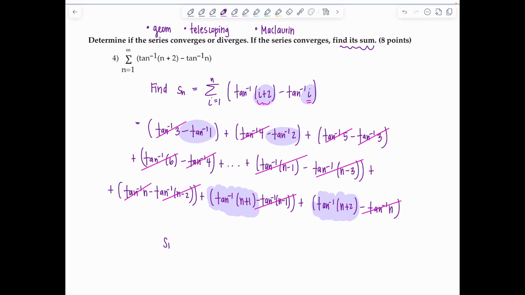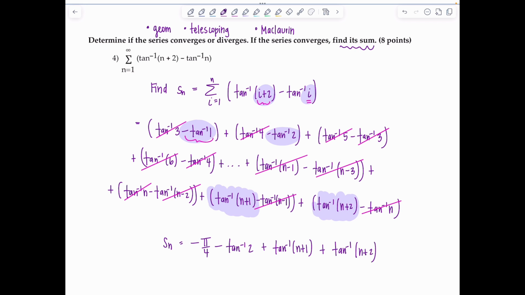Okay, so S sub n is going to be negative tan inverse of 1. Well, we know who that is. That's negative pi over 4, minus tan inverse of 2. I don't know what that is. We're going to just leave it. Plus tan inverse of n plus 1 plus tan inverse of n plus 2.